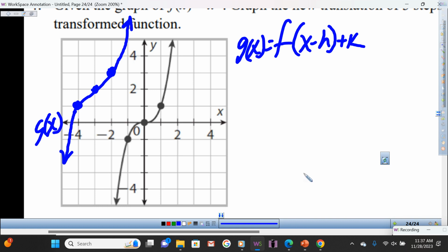All right, share with your neighbor, and then Maya's going to enlighten us. Where do we substitute those numbers, and what would be our last function? All right, Maya G. What numbers go where?